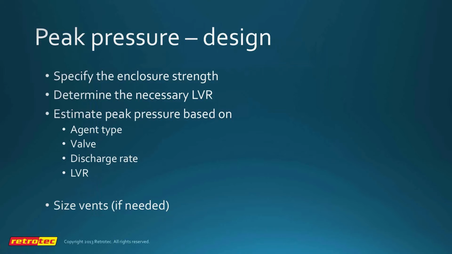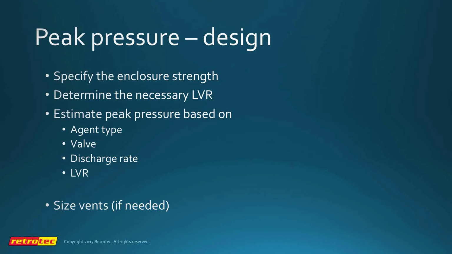So from a design standpoint, the enclosure strength needs to be specified. That will give you an idea as to what the leak to volume ratios could be, and the inputs would be the agent type, whether we're using a pressure regulating valve, the rate of discharge, and the leak to volume ratio.